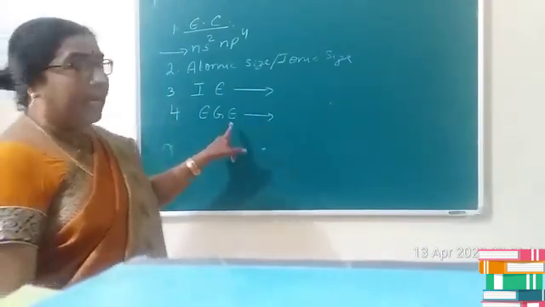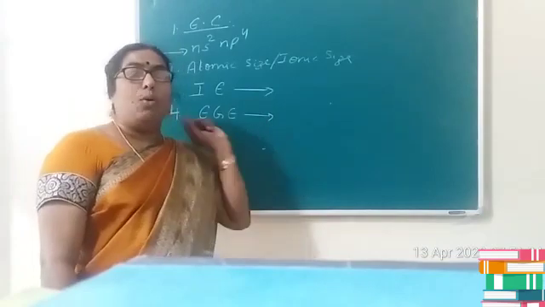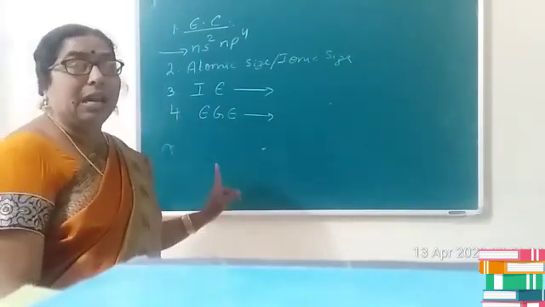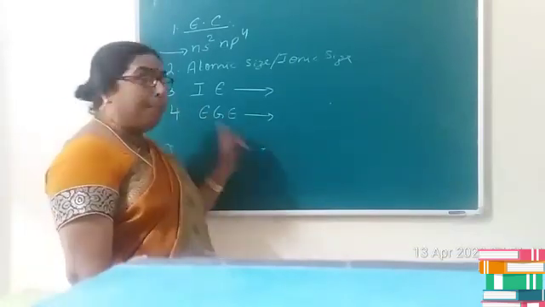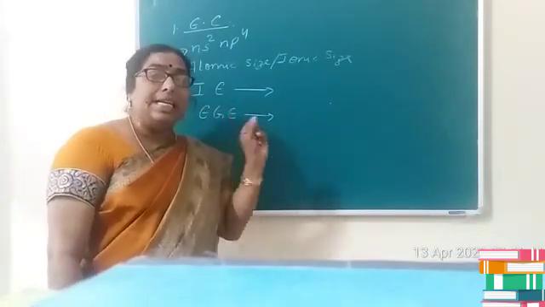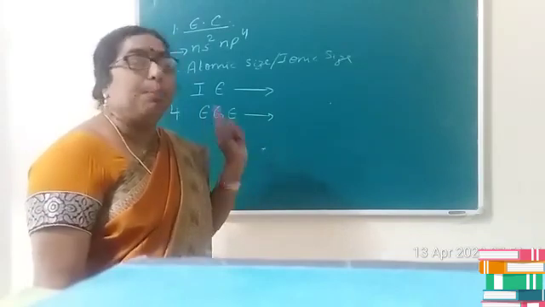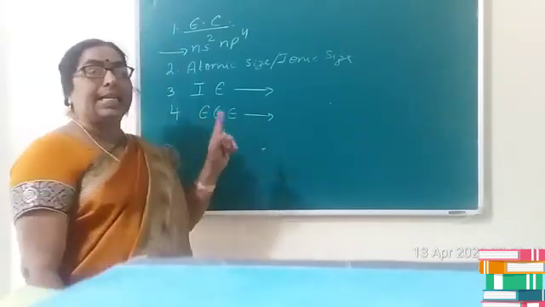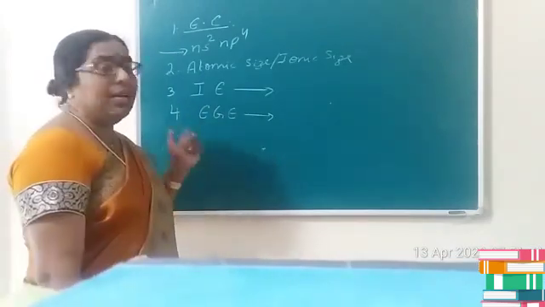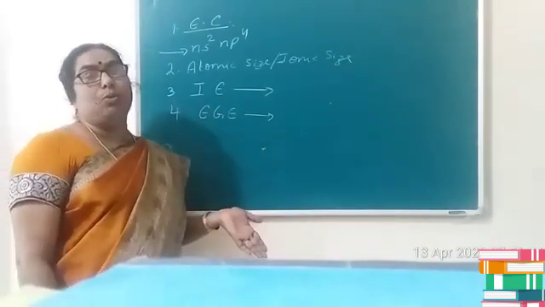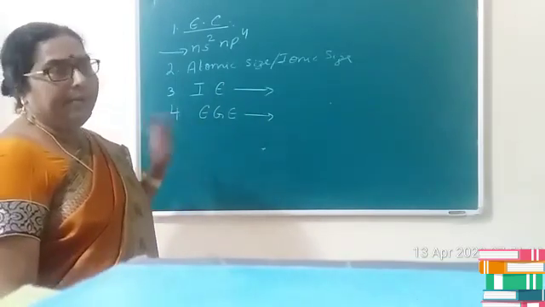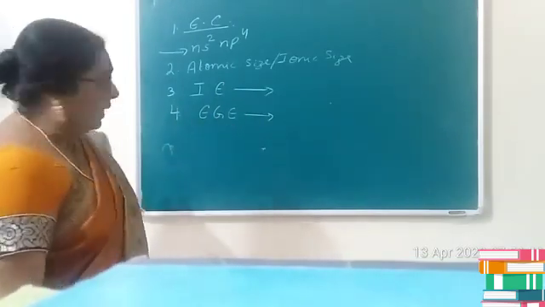This can also be asked as a question: why does oxygen possess less negative electron gain enthalpy than sulfur? Due to the compact nature of oxygen, inter-electronic repulsion is more, so the electron gain enthalpy of oxygen is less negative than that of sulfur. And then as we move down, electron gain enthalpy becomes less and less negative since metallic nature increases.